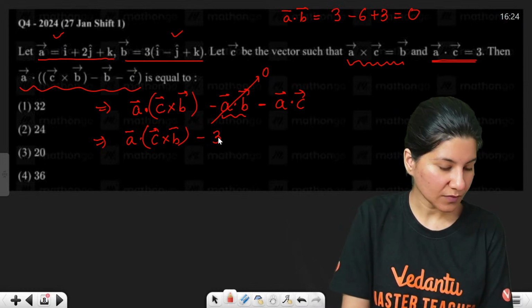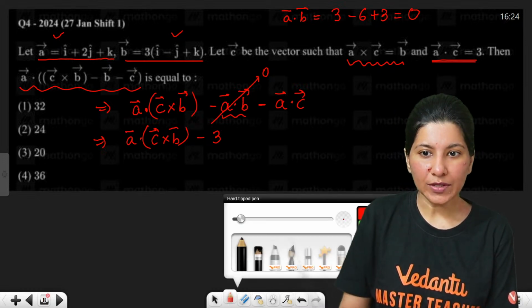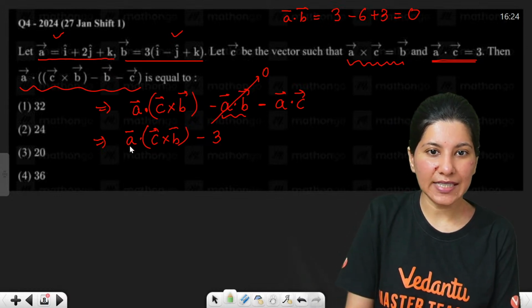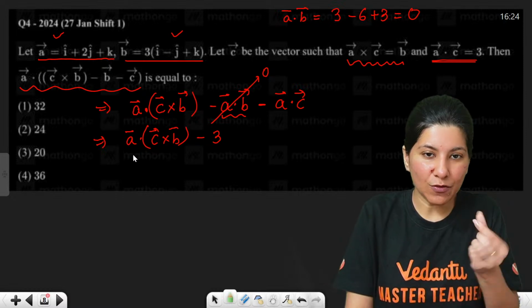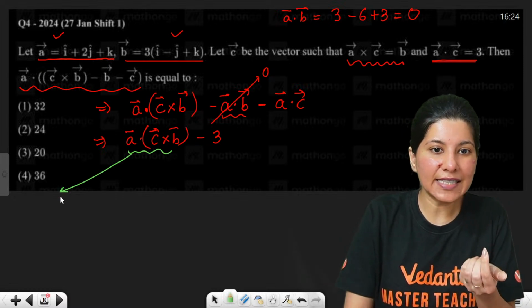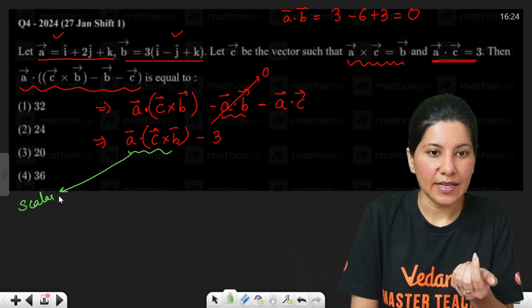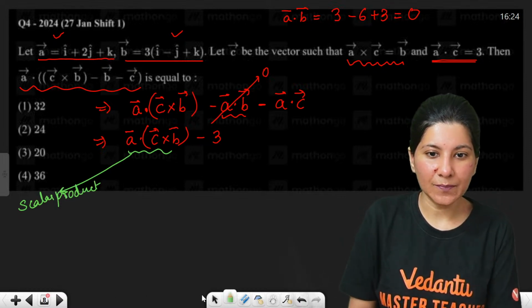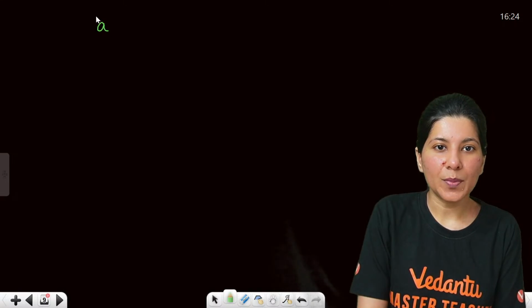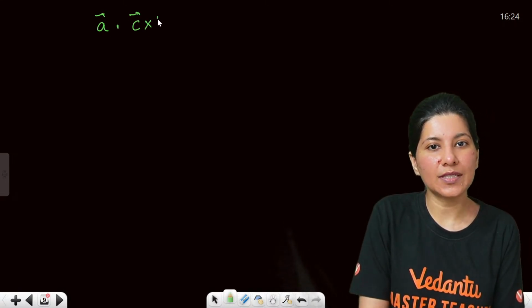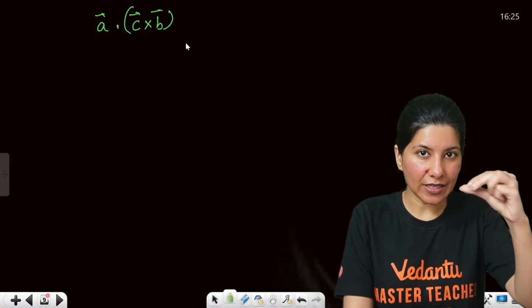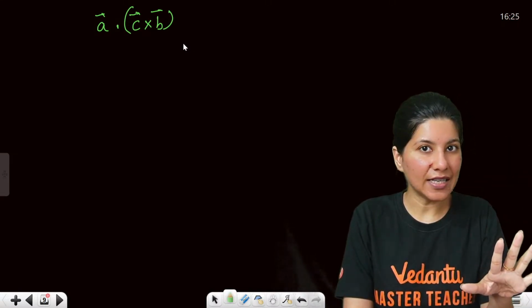Alright. Now one more thing let us do. See, basically this is what we call the scalar product, and there is one property, let me tell you about it. The property says that if you are maintaining the cyclic order, then it's absolutely fine.